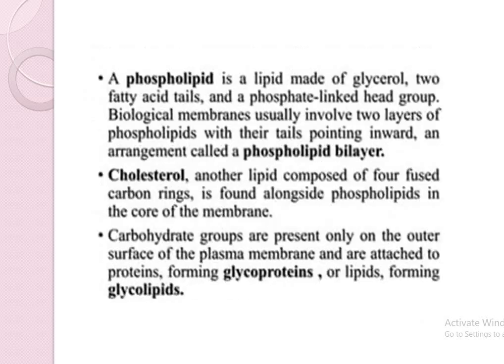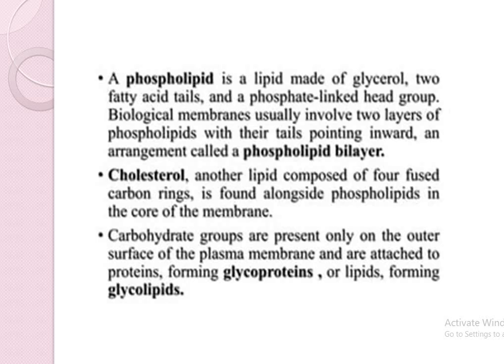Firstly, we discuss how phospholipids are arranged in the fluid mosaic model. A phospholipid is a lipid made up of glycerol, two fatty acid chains, and a phosphate head group.